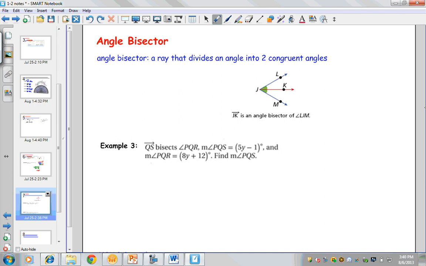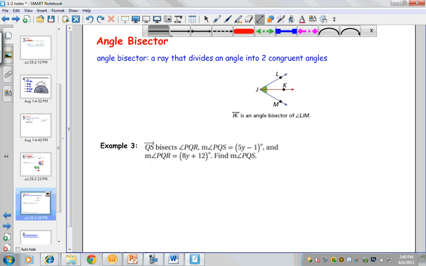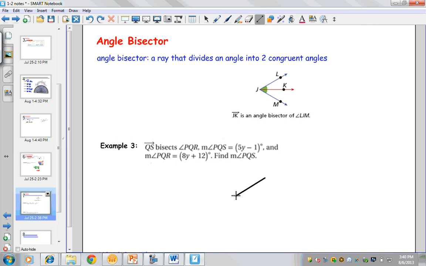And so in this example here, ray QS bisects PQR. Once again, as I encouraged you in the last video, if you need to visually see it, please make a picture of it just to help you. Obviously, your picture may not be perfect, but it'll at least help you out.